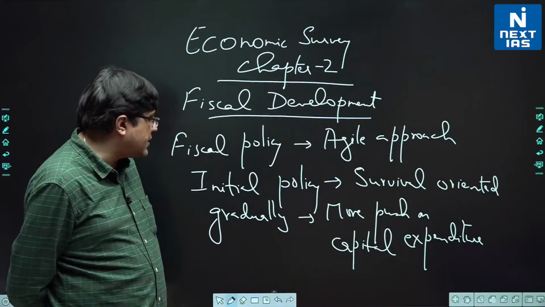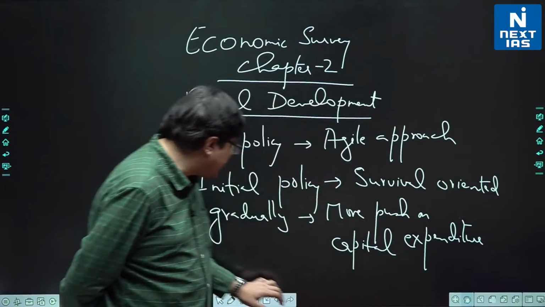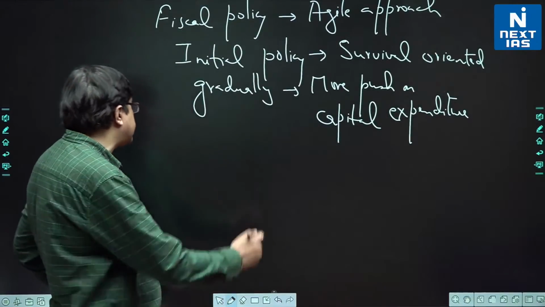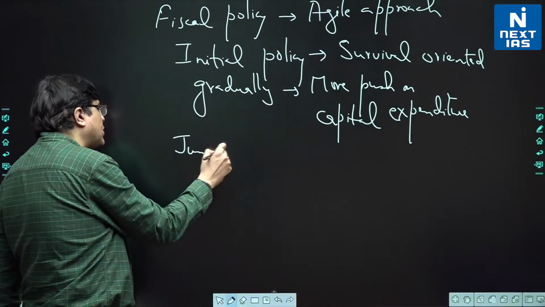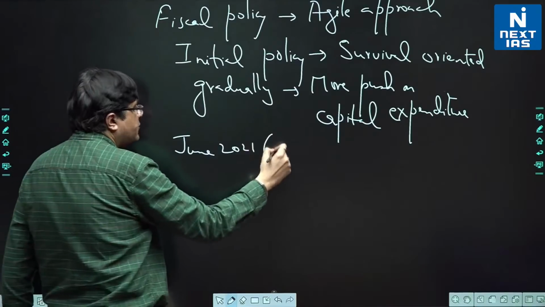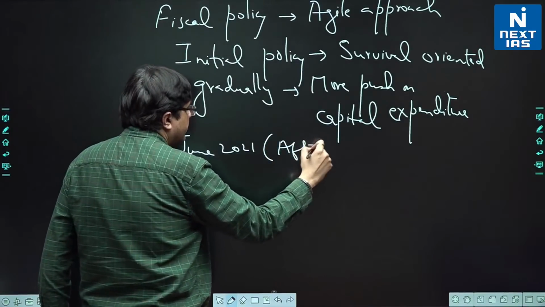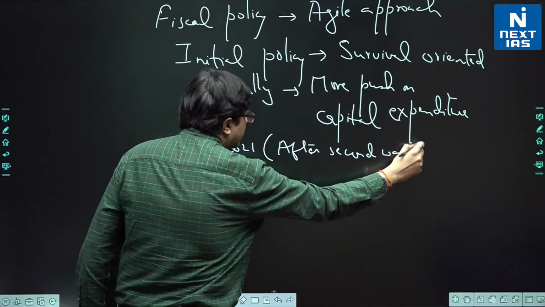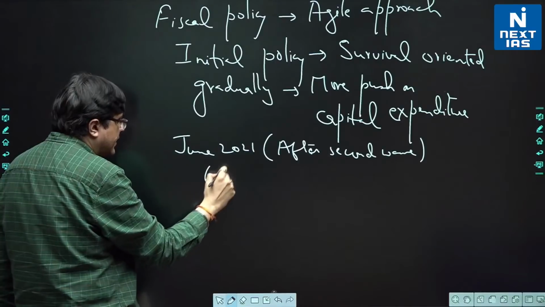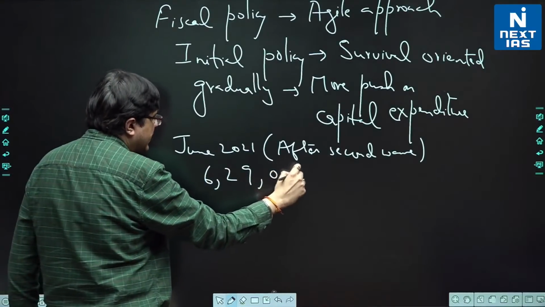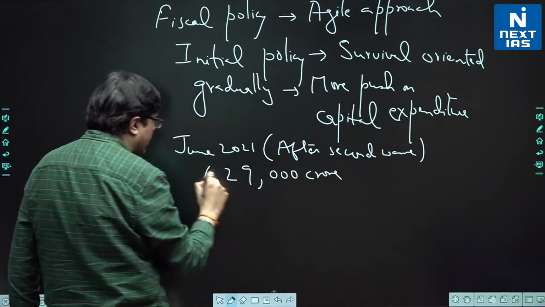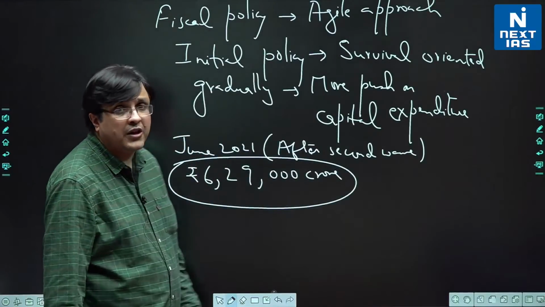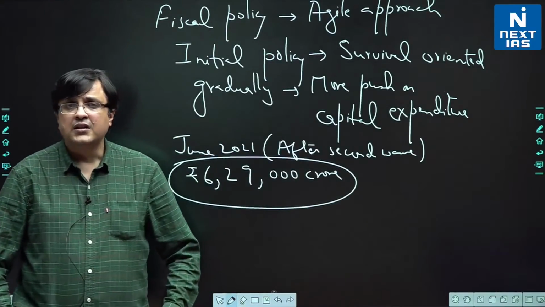So remember that the survey says that in June 2021, after the second wave, the government brought in a new stimulus package of around 6.29 lakh crore to fight the second wave.